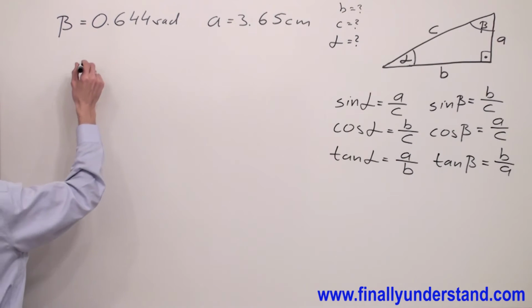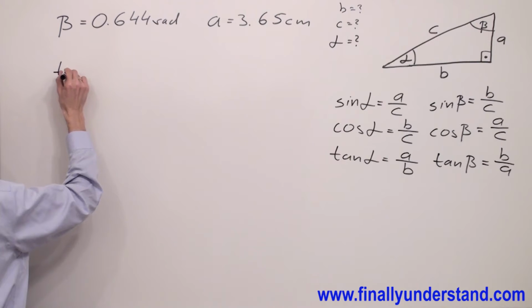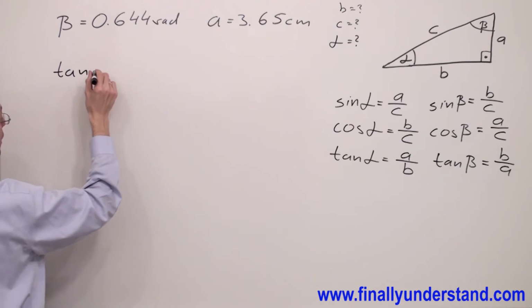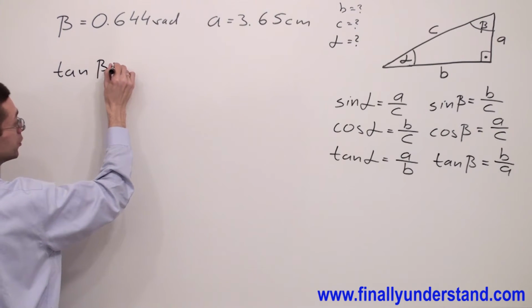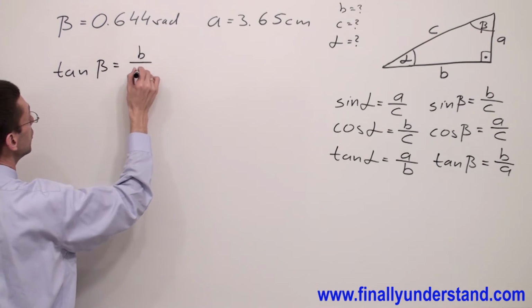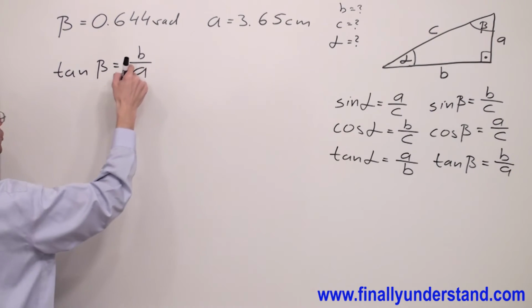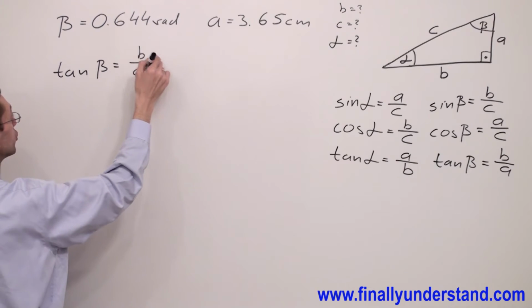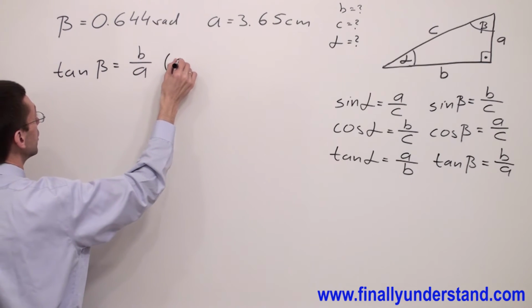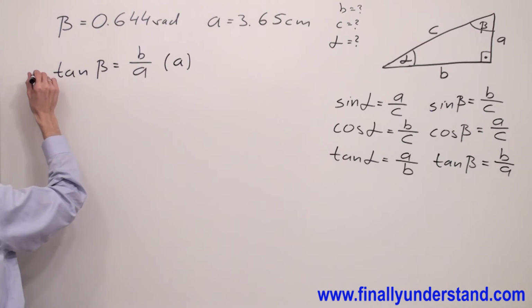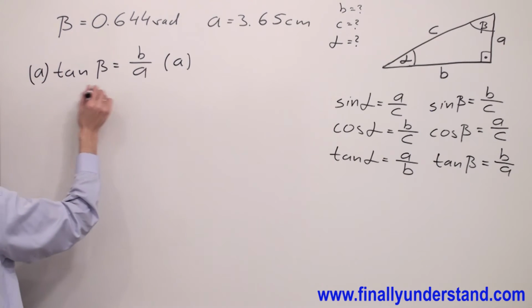So I have tangent beta is equal to B over A. In order to solve this formula for B, I'm supposed to multiply both sides of the formula by the denominator of the fraction.